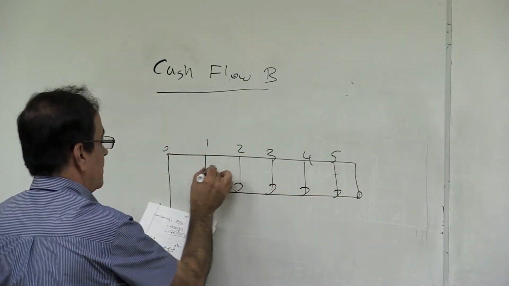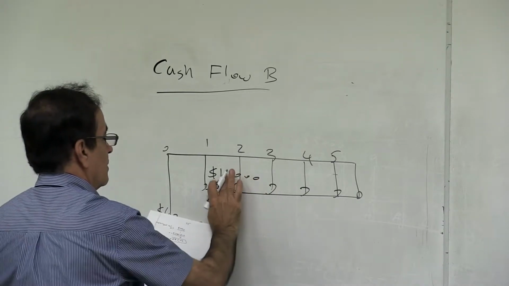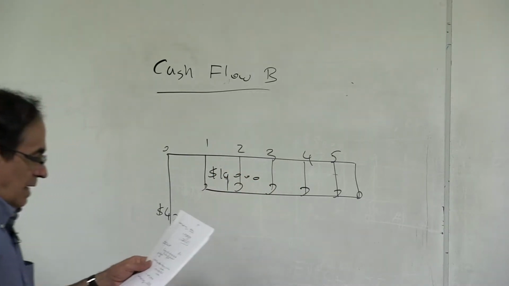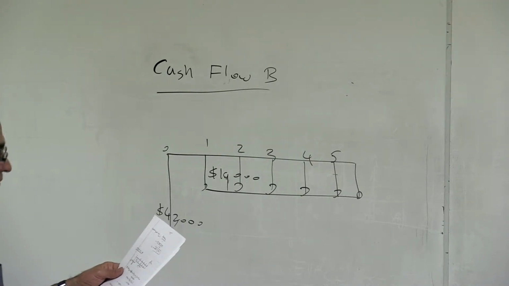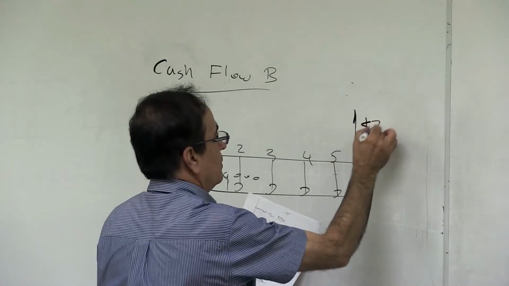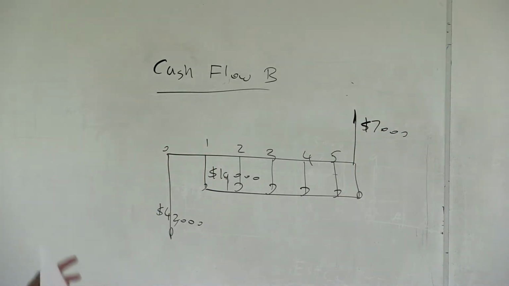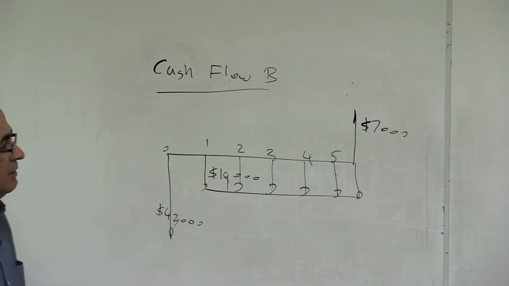So 19,000 is a uniform payment for annual costs. And the salvage value for this one is 7,000, that's positive. Again, when you do capitalized cost, you don't have to do multiple cycles. You just do one cycle and then repeat it forever.